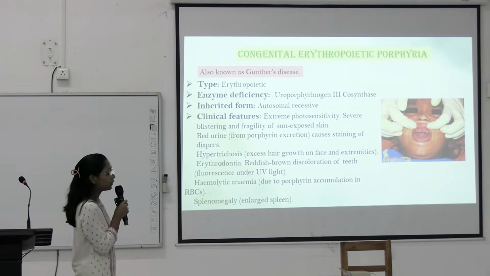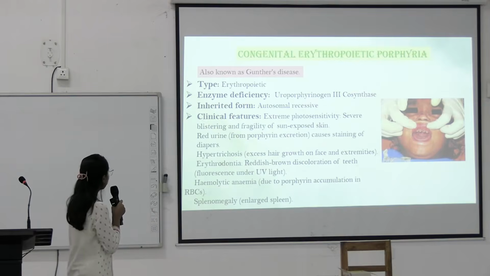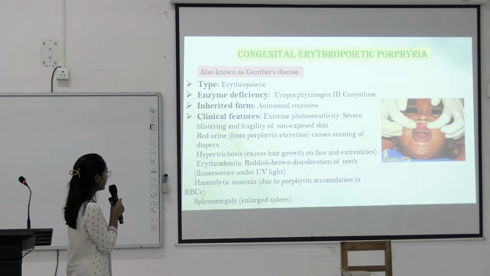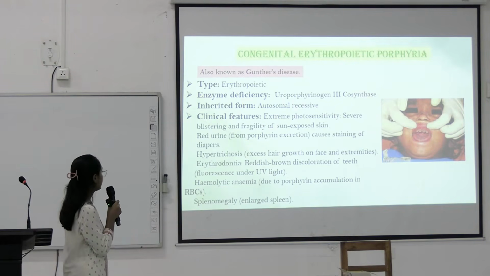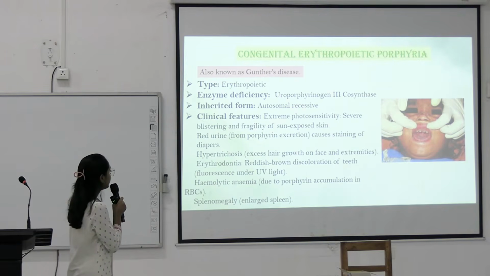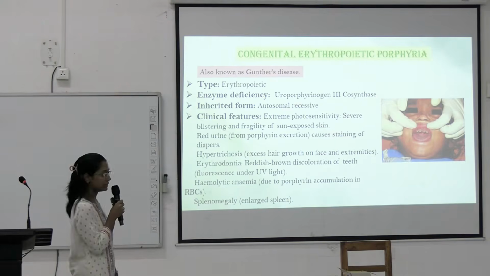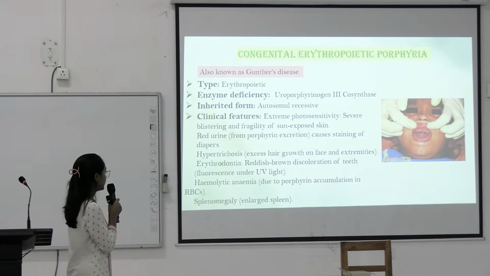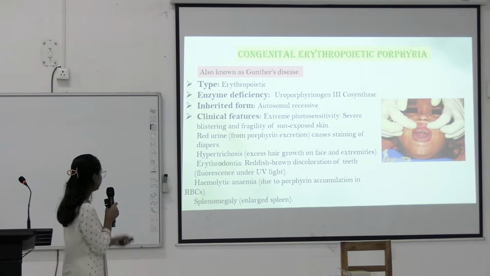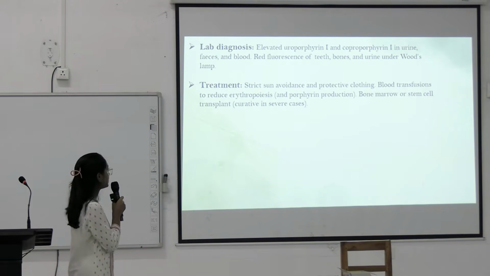Red urine from porphyrin excretion causes staining of diapers. Hypertrichosis, which is excess hair growth on the face and extremities. Erythrodontia, which is reddish brown discoloration of teeth, with fluorescence under UV light. Hemolytic anemia due to porphyrin accumulation in RBCs. Splenomegaly, enlarged spleen.